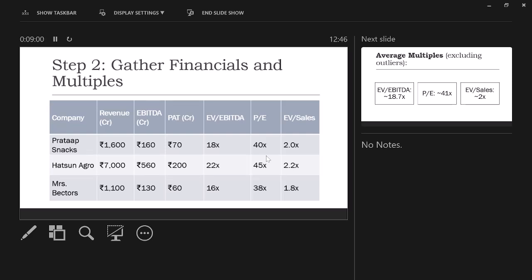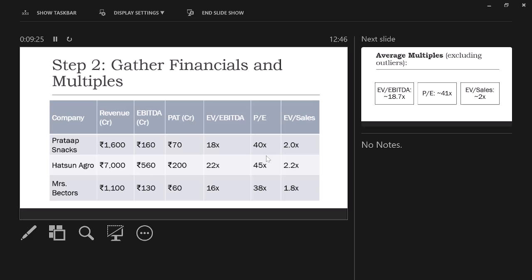EV upon EBITDA. When you look at EV to EBITDA, which is the cheapest company? Of course, the company which has the lower multiple, because this company is trading at 16 times its enterprise value, whereas Hatsun Agro is trading at 22 times its enterprise value, and Pratap Snacks is trading at 18x its enterprise value.